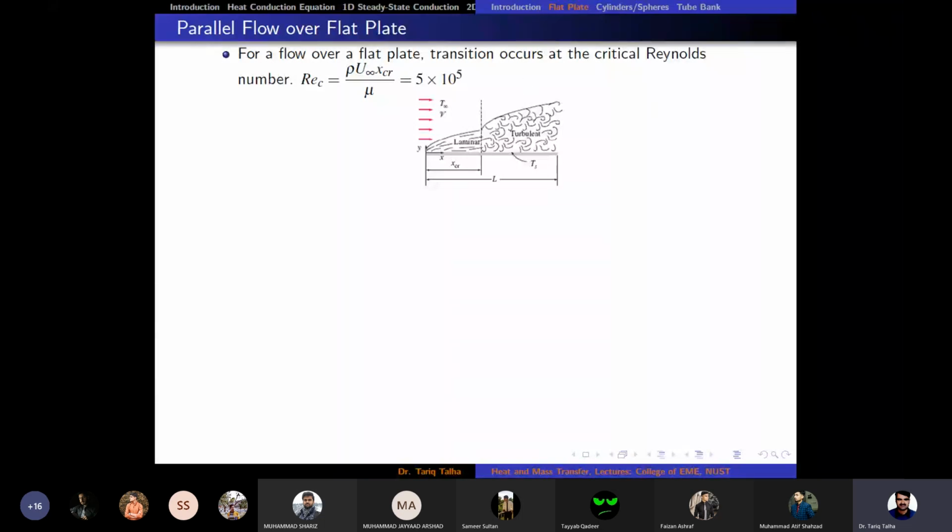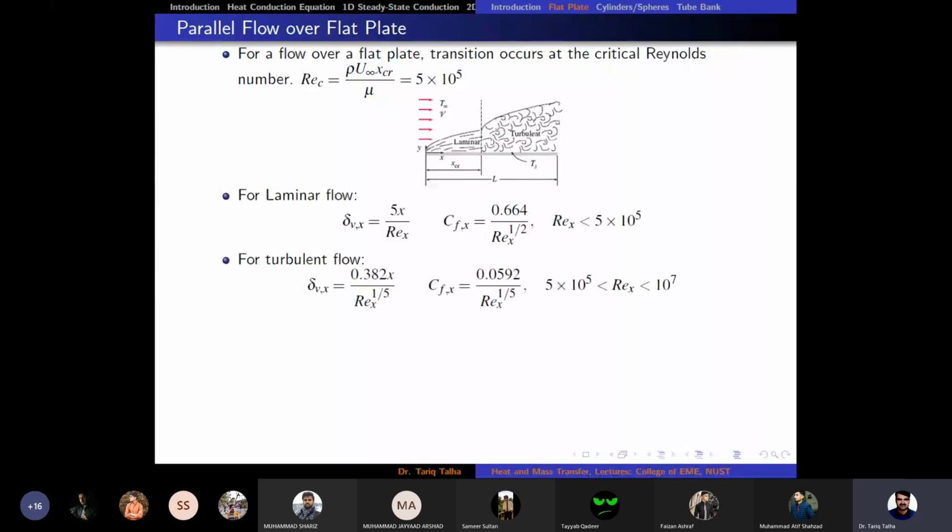Now, how to calculate this delta value, which is the boundary layer thickness? As I explained in the last class, we can use the analytic solution of Blasius, which is only valid for laminar flow. For laminar flow, Blasius did this analysis and told us that the velocity boundary layer thickness would be equal to 5x divided by the square root of the Reynolds number, and C_f, the friction coefficient, would be equal to this.